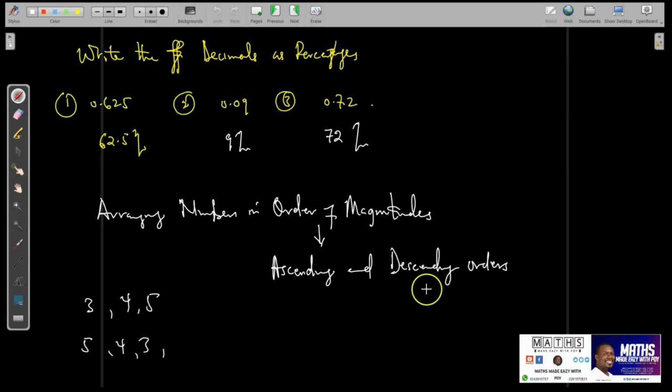Descending order means to write the numbers from the largest value to the smallest value. So ascending goes with an arrow moving upwards, and descending order just moves from the largest to the smallest. That's how the whole idea is.